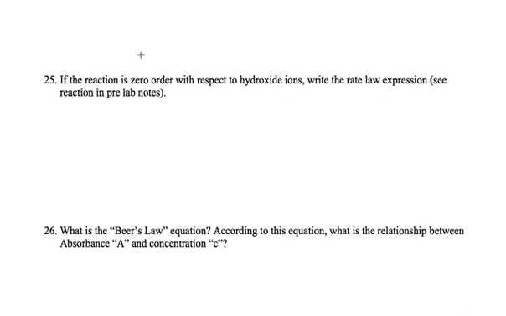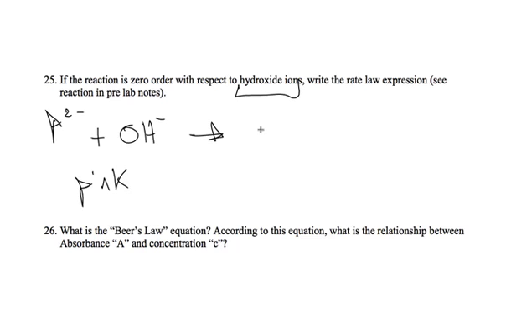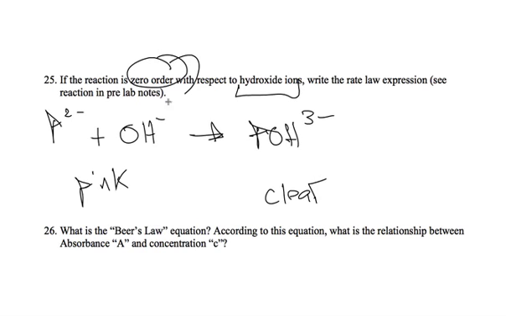If the reaction is zero order with respect to hydroxide ions, remember the reaction from the pre-lab notes was P2- plus OH-. This was the pink side, and this was the clear side. If it's zero order with respect to this, write the rate law equation.